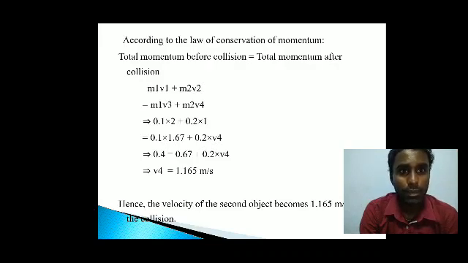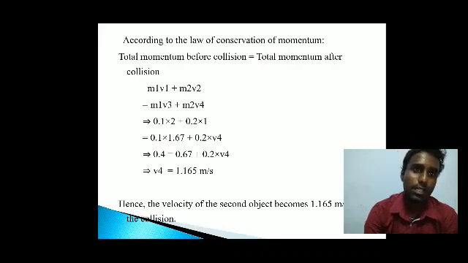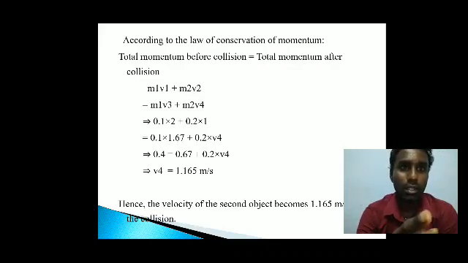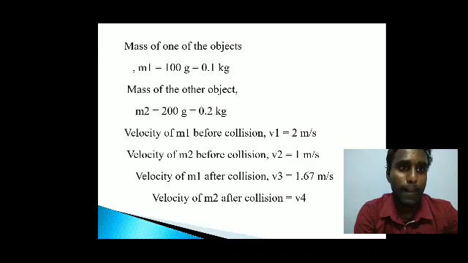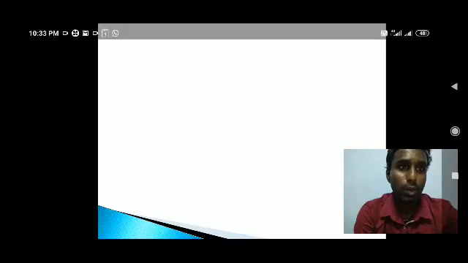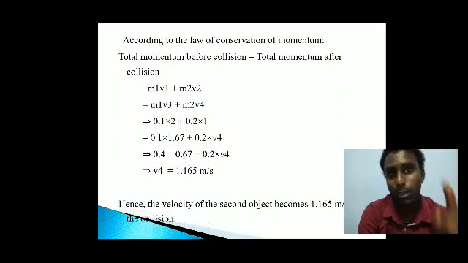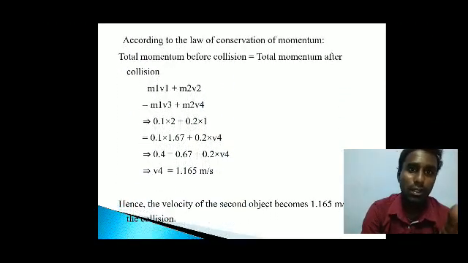Okay, see one thing here, I have some mistakes here, I think, because 0.1, just a minute, is 0.1 they given. Yes, 0.1 into 1.67. So just multiply 0.1 into 1.67.